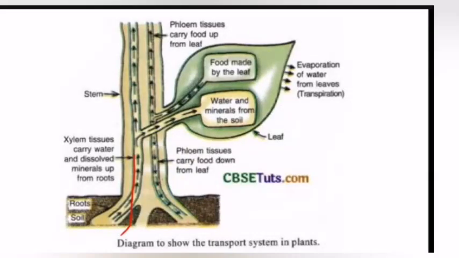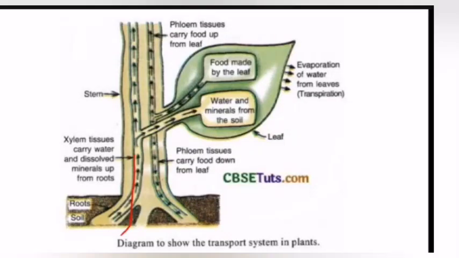Then ask the question, why is it that it is moving up and not falling down? Adhesion. Water is able to resist gravity by attaching itself to the body of the xylem. So it is three processes: transpiration, cohesion, and adhesion.